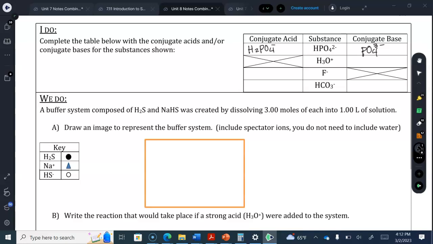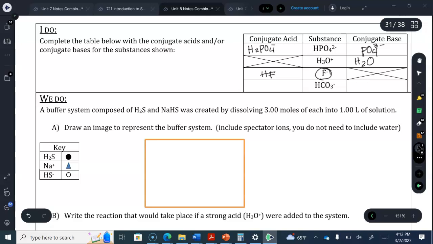If we look at the next one, we have water. The base, because the acid donates, means that the base is going to be minus one hydrogen ion. For the conjugate acid of fluoride, which is acting as a base, I'm going to add a hydrogen to get hydrofluoric acid. And the same with this hydrogen carbonate ion.